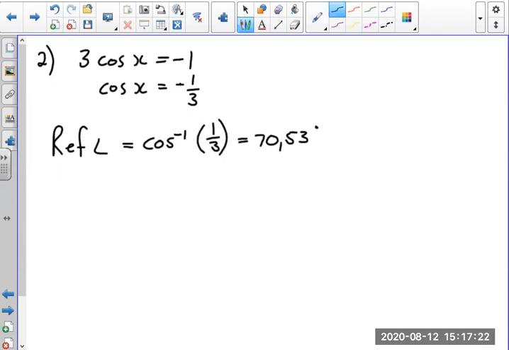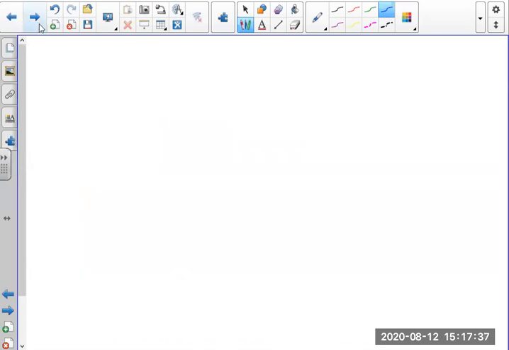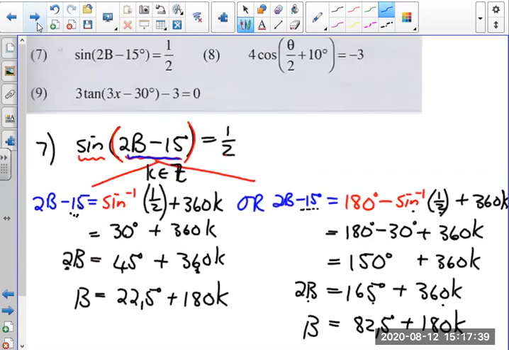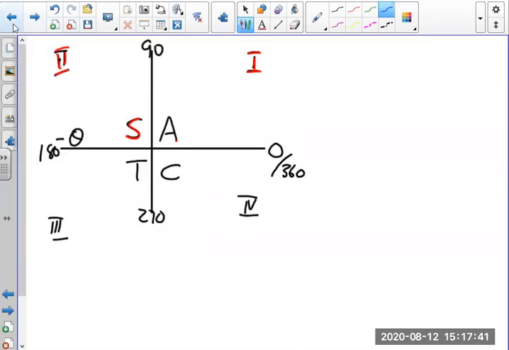Now you say, okay, cos is negative, so cos is negative in quadrants. Now you go to your set of axes and you say, where's cos negative? Cos is positive in the first quadrant and in the fourth quadrant. So cos is negative in quadrants 2 and 3.